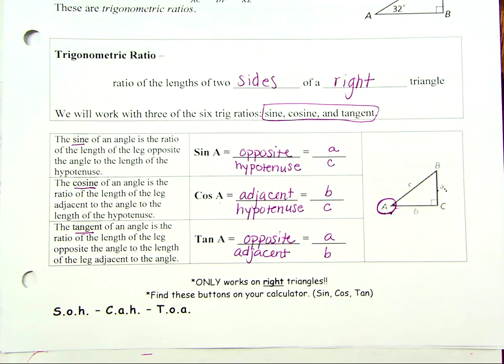Now, I'm going to want you to memorize each one of those and what the ratio is, but there's actually a little saying that goes with that to help you.